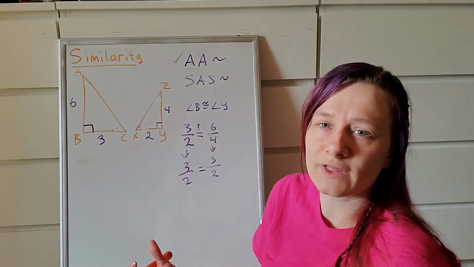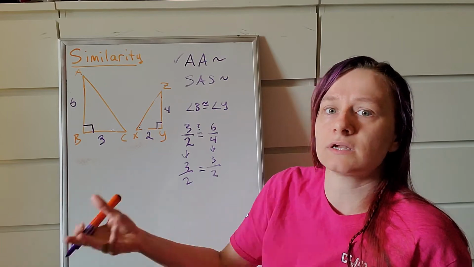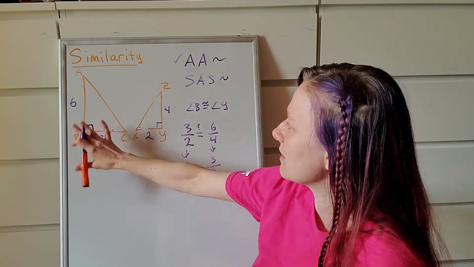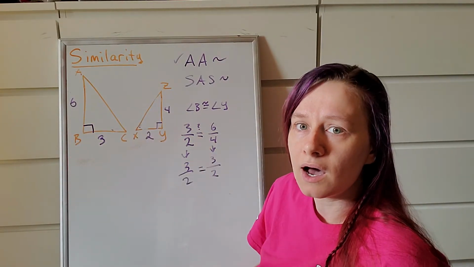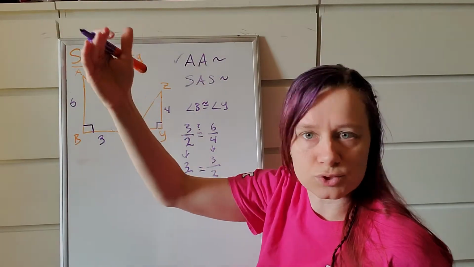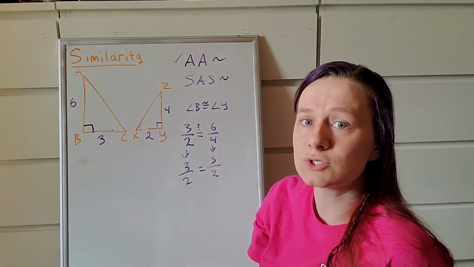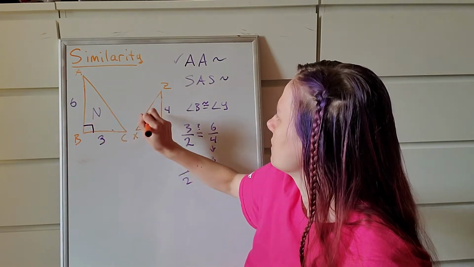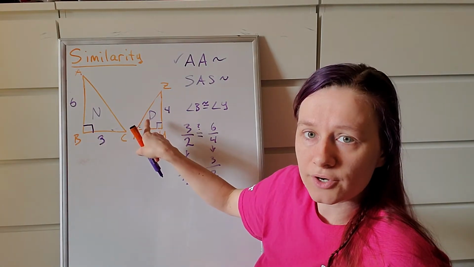That's just the easiest way for me to keep track and not mix up what I'm doing and accidentally flip one of my fractions along the way. If I have a left and right, I start with the left on top and the right on the bottom. If I have top and bottom, I do the top one on the top and the bottom one on the bottom. It doesn't matter what order you do it as long as you're consistent. So this triangle was my numerator and this was my denominator.